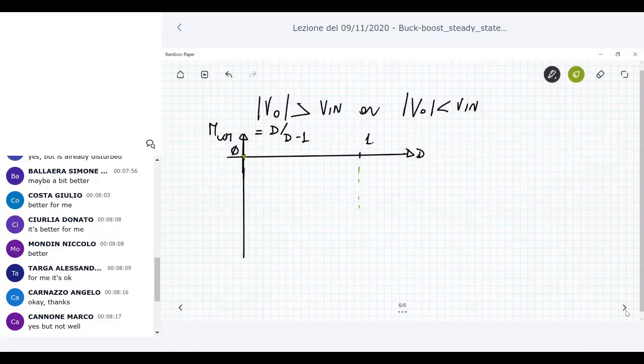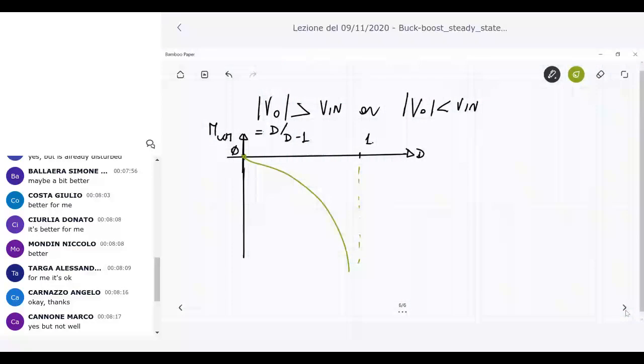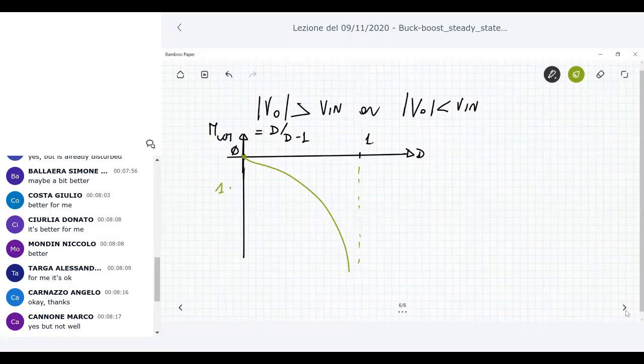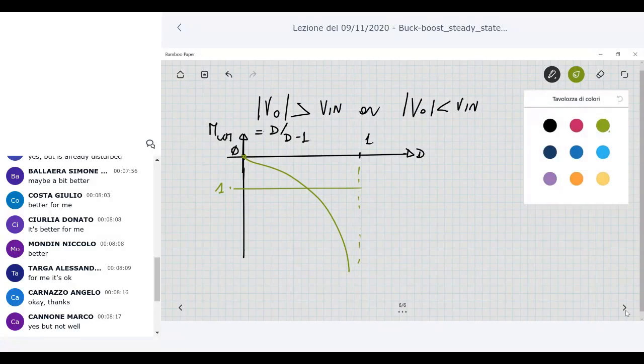When the duty cycle is 1, you can get infinite value. So you have something like this. Okay? This is a curve that graphically explains this conversion ratio. Okay, of course, you can have 1 here. So as you can see, you can have the output voltage that in magnitude can be higher than 1 or, let's say, less than 1.